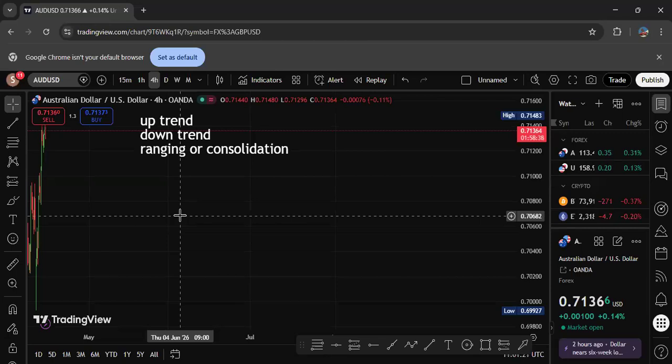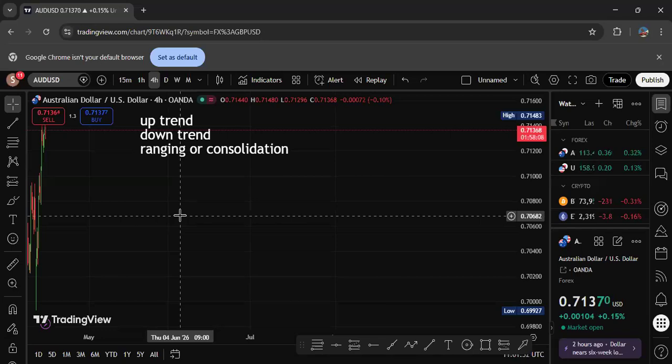When you talk about trend, it means something is actually in motion, whether to the upside, downside or sideways, but it's moving. Uptrend is moving up, downtrend is moving down. Ranging or consolidation means something that has no direction. When you say something is moving in a range, it means there's a distance it can cover and it cannot exceed that distance.